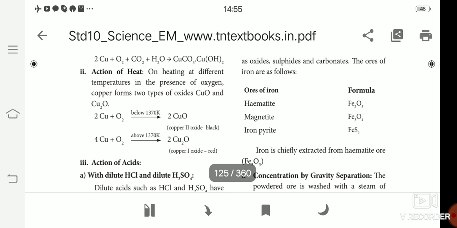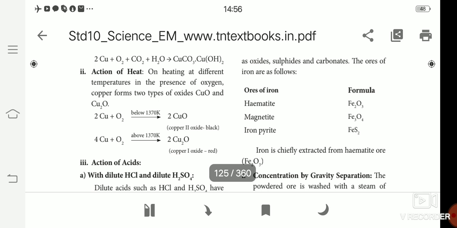The first reaction: copper reacts with hydrochloric acid in the presence of air to give the product copper chloride, CuCl2, and water is removed. This is the reaction with dilute hydrochloric acid.